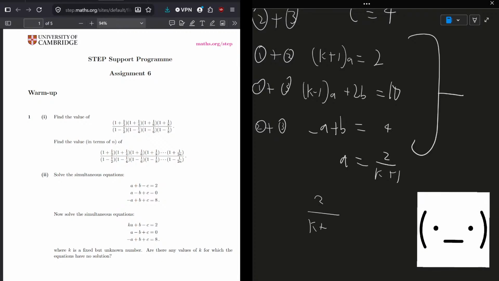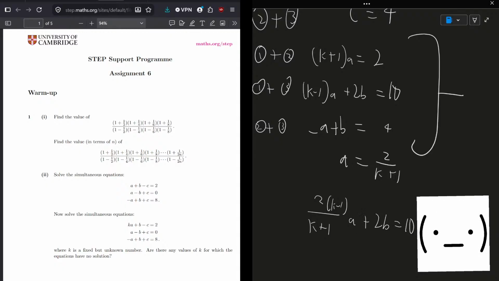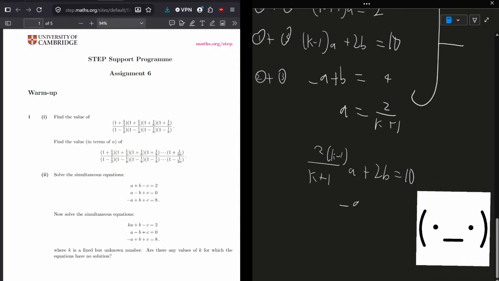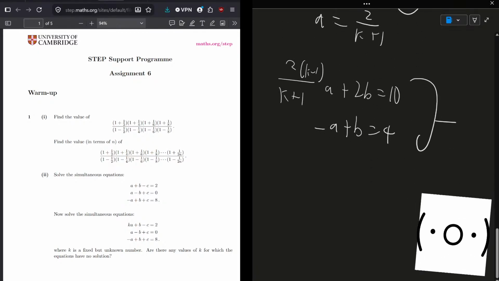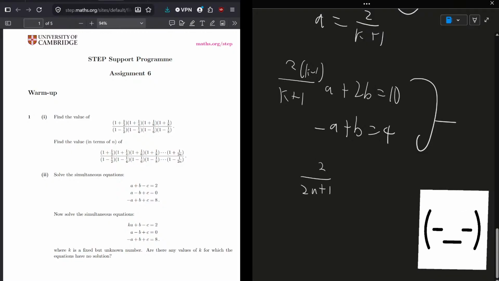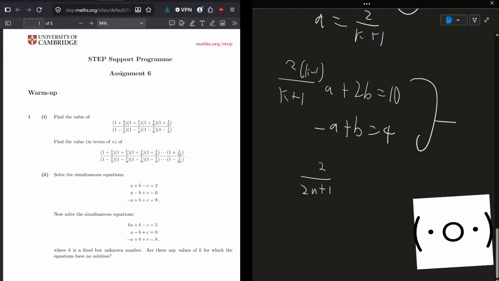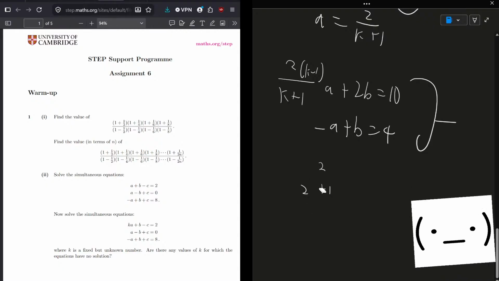So now what we have are just these 2 that we have to consider. And we know that this is going to be 2n plus 1 divided by 2 because of what we already obtained from above. Wait, no, that's completely wrong, what I'm on about.